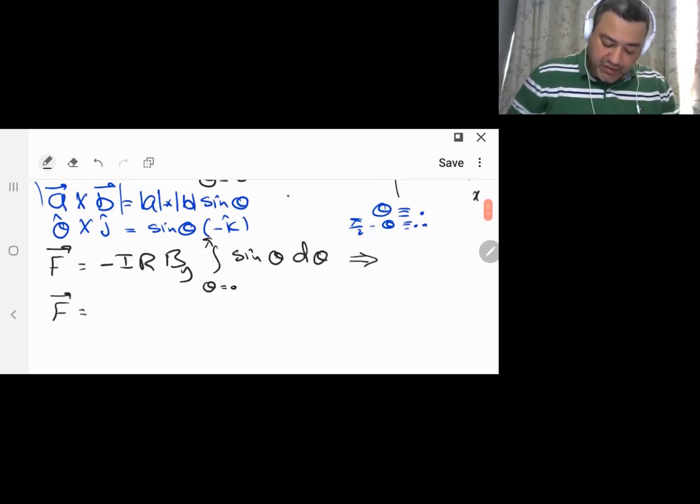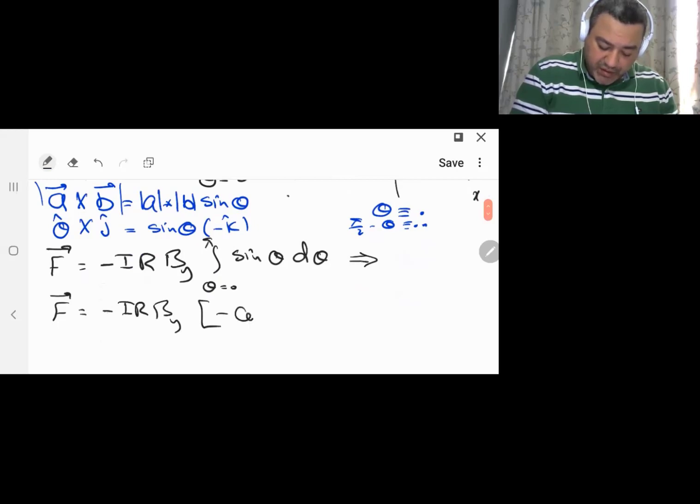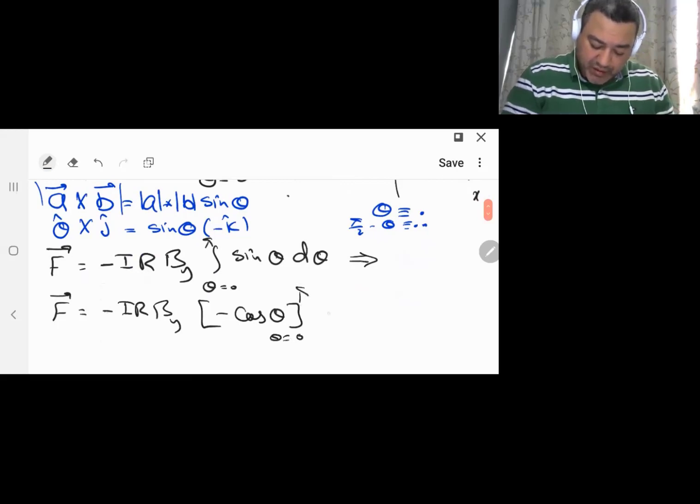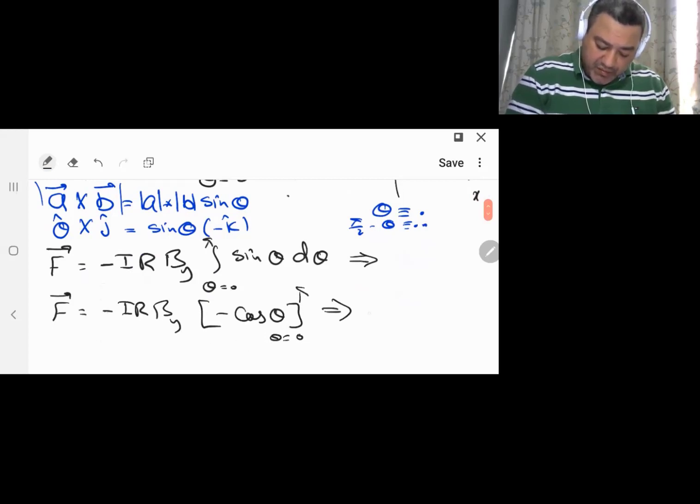F equals minus IR by minus cosine theta, theta from 0 to pi. Substituting, take the minus outside.